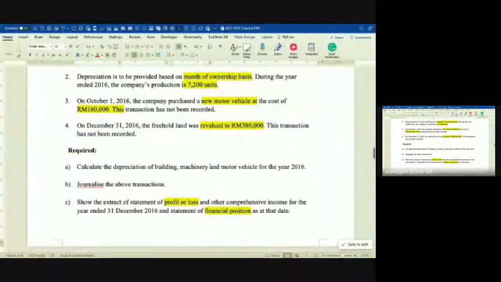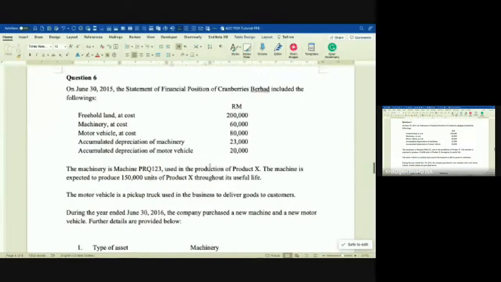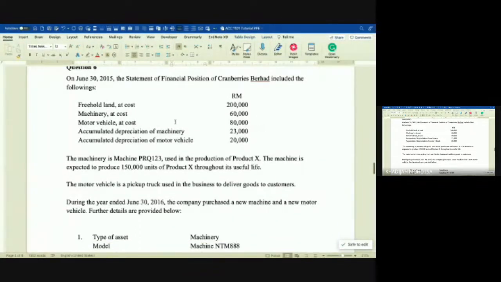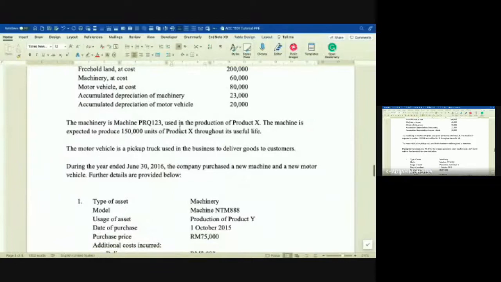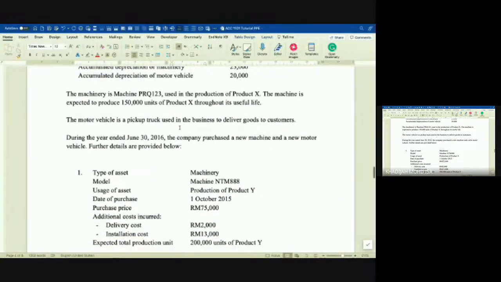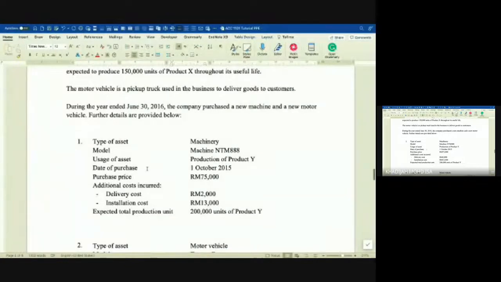Alright. Then let's do, okay, this one, question number 6. What is the time now? We're supposed to have 1 minute je left. So how? You do question number 6, yeah? So you have freehold land, machine, motor vehicle, accumulated. Alright, this one is production. And then you purchase a new machine.